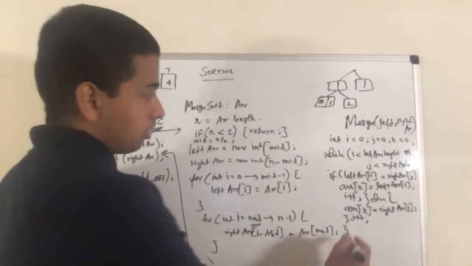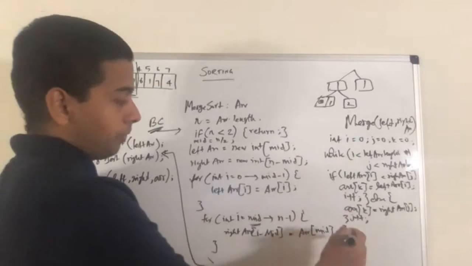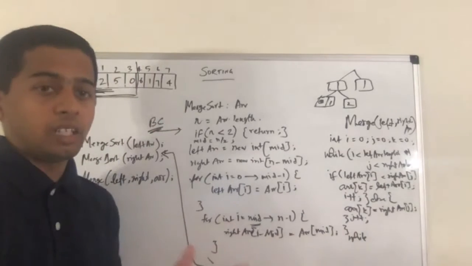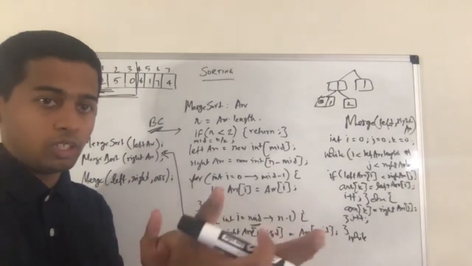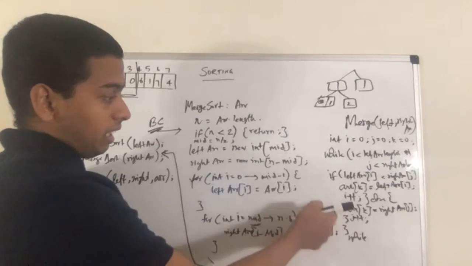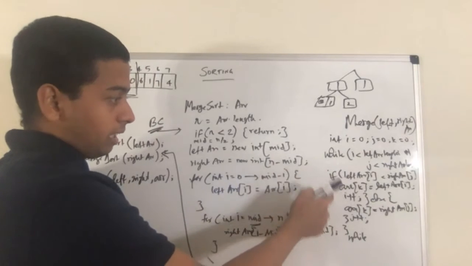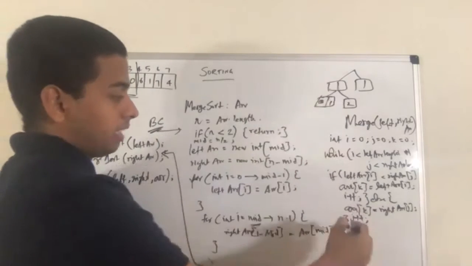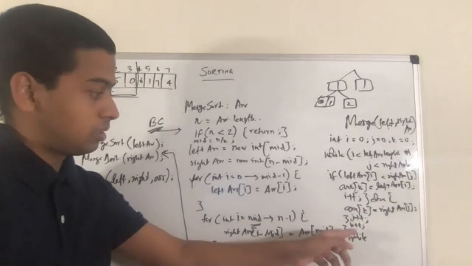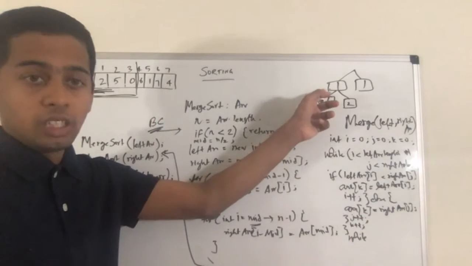After every step, either if or else, I should increment the k pointer. So after the if else block, I'm adding k plus plus. Why k plus plus? Because I'm inserting into the parent array.